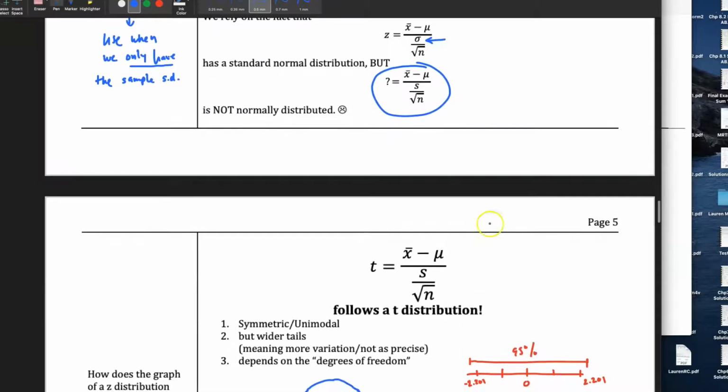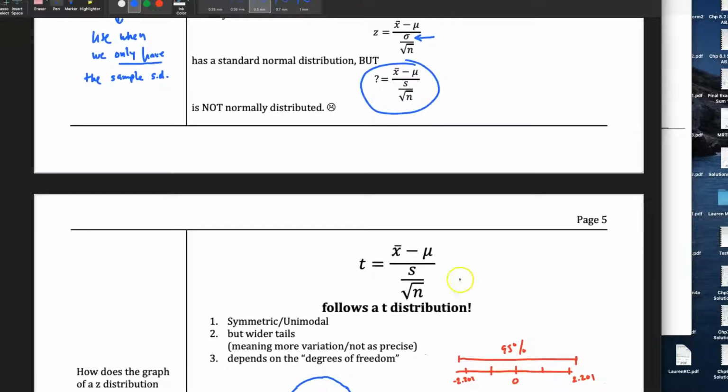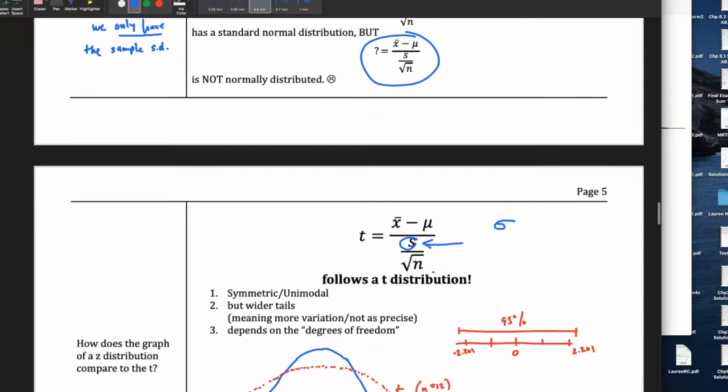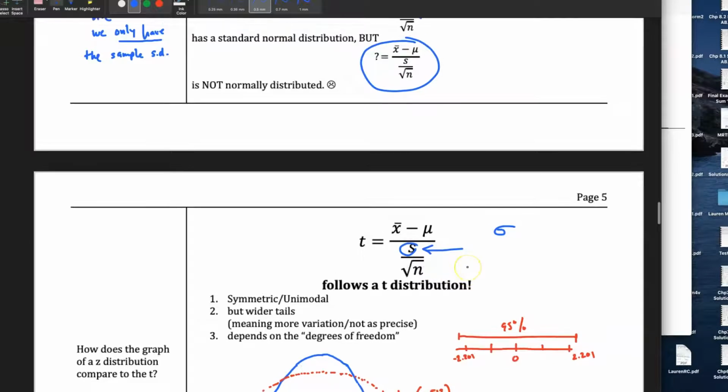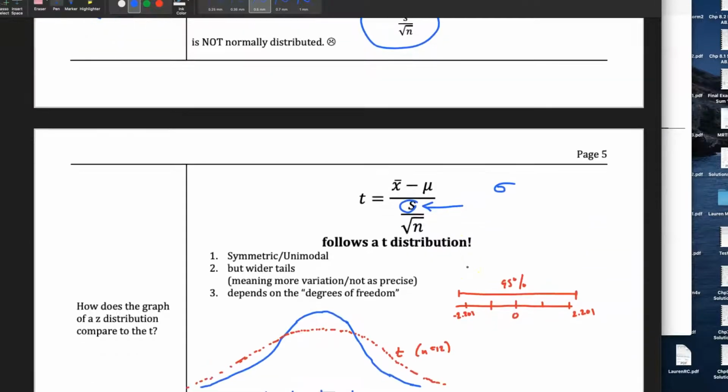Here's the formula for the T value. We're going to use this here instead of the sigma. We use the S, or the sample standard deviation, to do our calculation here.